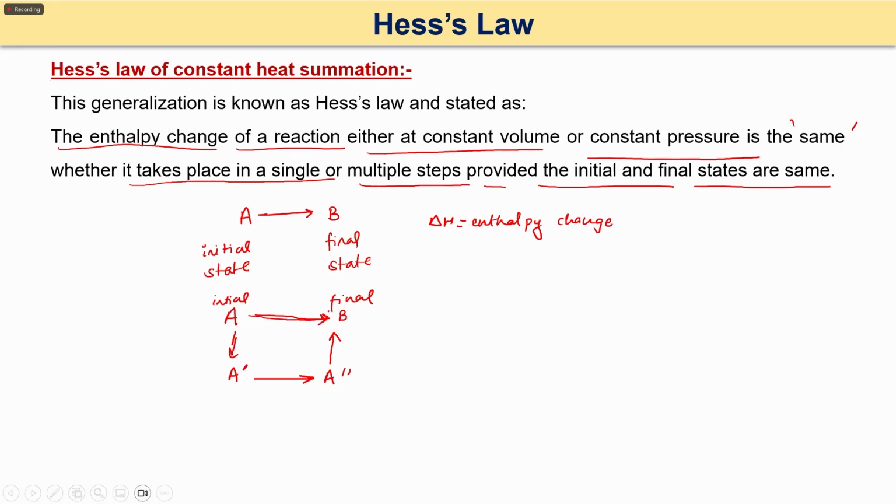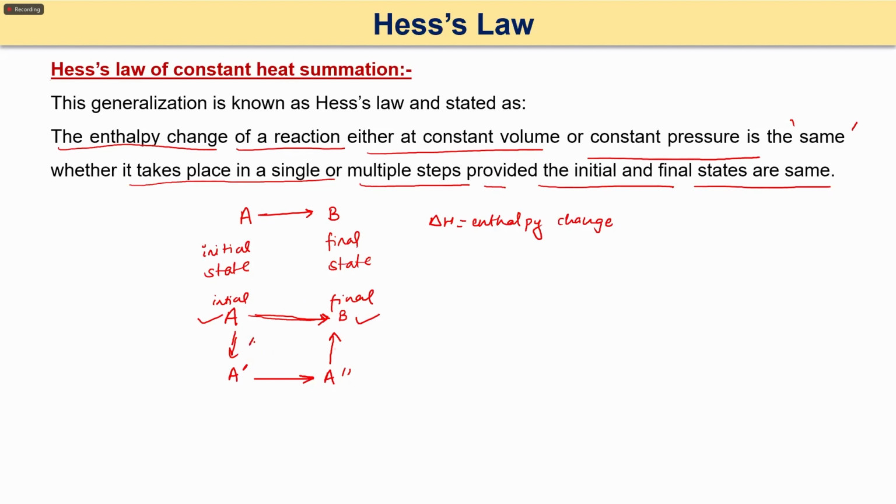The condition is that the initial and final states are the same. Then this law is applied. So here they are saying that the enthalpy change of the reaction will be the same.